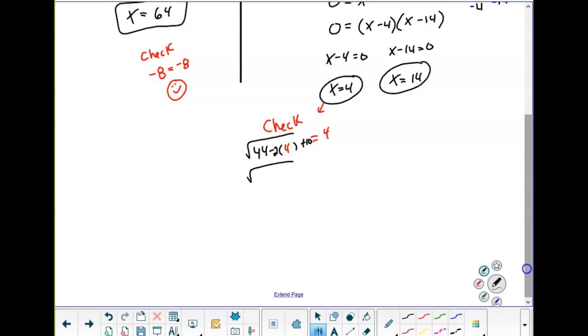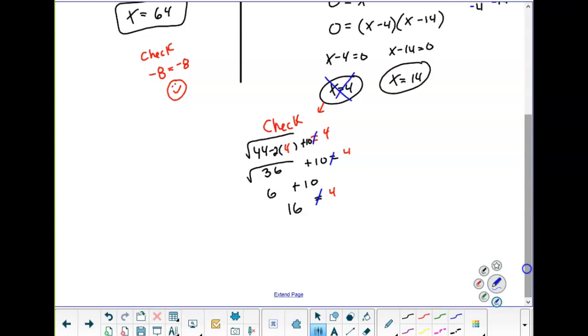So then we get 44 minus 8, which is 36, I believe. Square root of 36 is 6. 6 plus 10 is 16. Does that equal 4? No, and this is the first time that we saw this. So what are we going to do? We're going to cross that off.